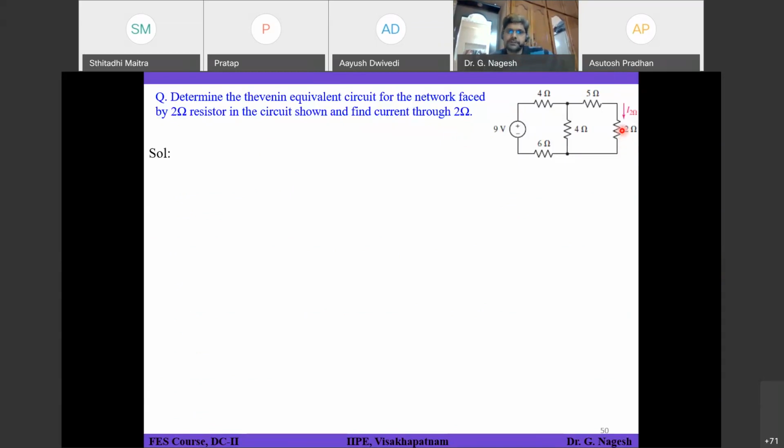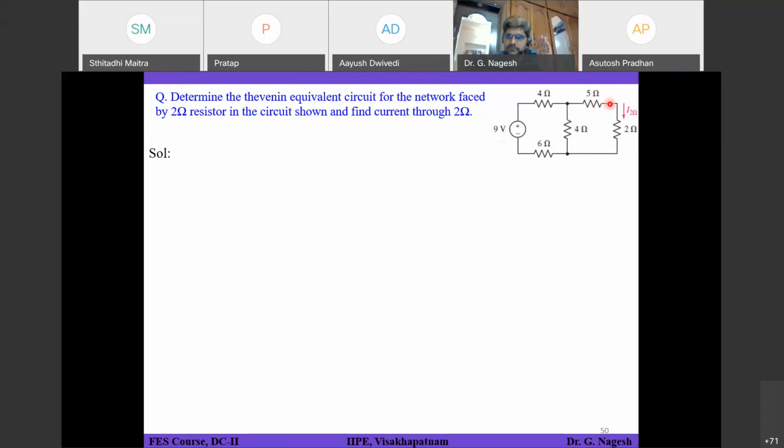Okay. So they are asking us to find out Thevenin's equivalent circuit on the left hand side of this 2 ohms resistor. They are saying for the network faced by the 2 ohms resistor in the circuit. That means the entire network which is on the left hand side of this 2 ohms resistor, you have to find out the equivalent VTH and equivalent RTH.